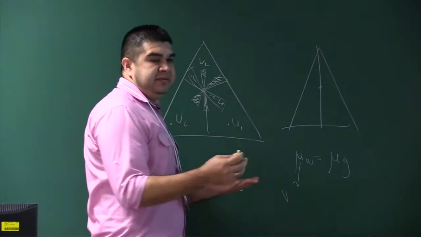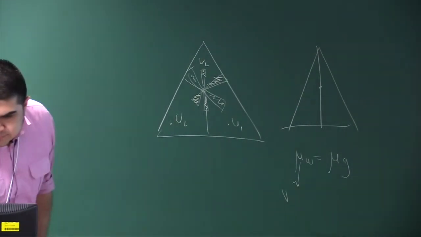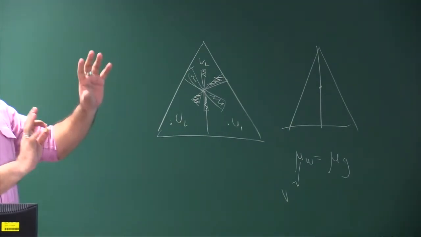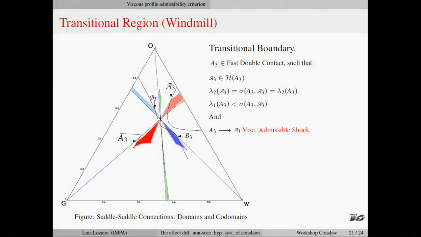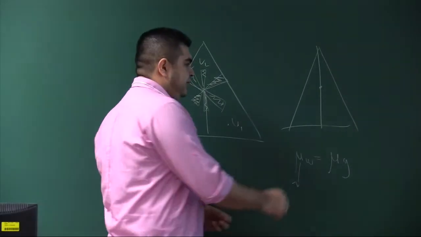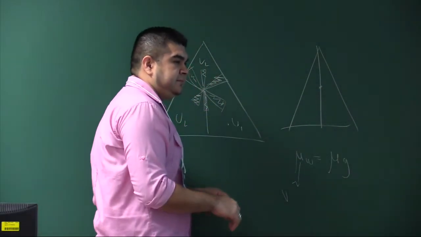The windmill is symmetric. In this picture, you see that this wind is different to the form, no? But if you consider the same, it's symmetric.